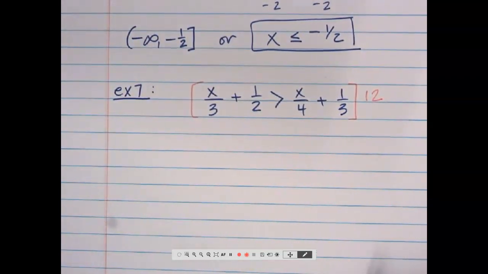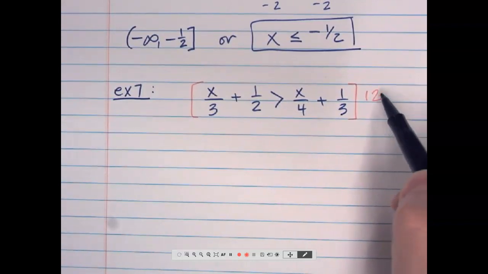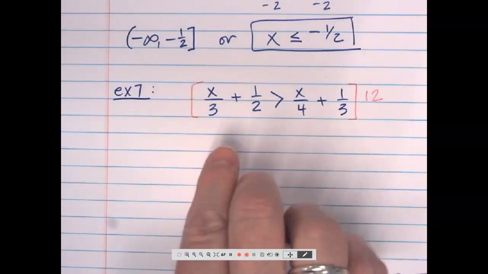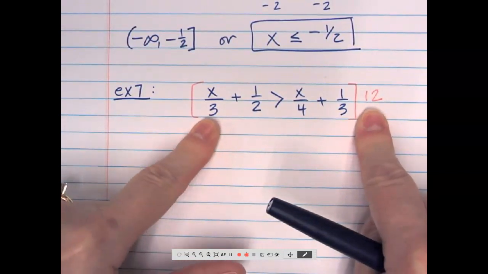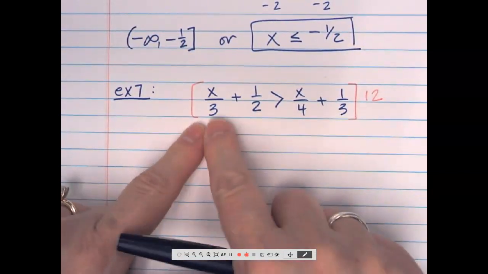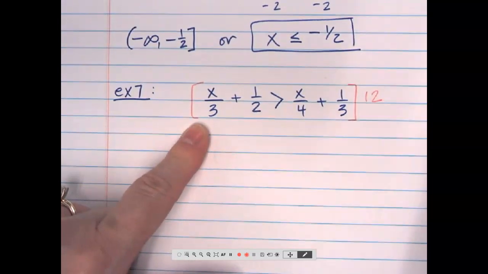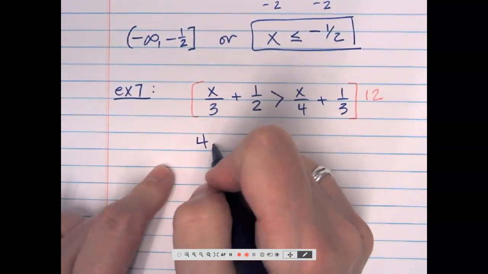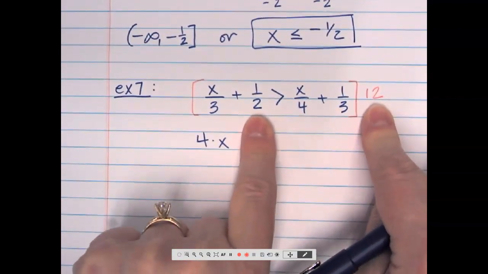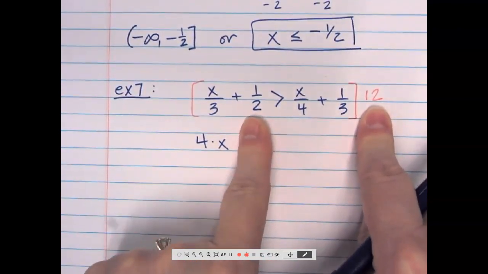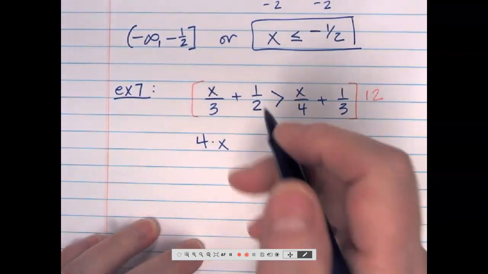Okay, so distributing and multiplying 12 by this very first fraction, that's really a 12 over 1. So 12 divided by 3 becomes 4, and it'll be multiplied by the x. Moving on to the second fraction, 12 divided by 2 is 6. 6 times 1.